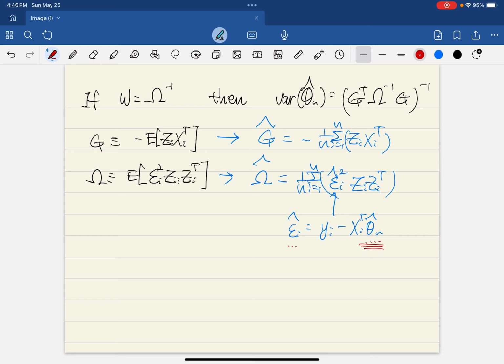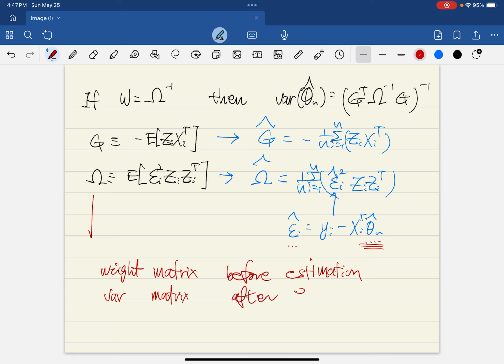So that is the difference. The weight matrix should be calculated before estimation, right? But the variance matrix is calculated after you estimate theta.